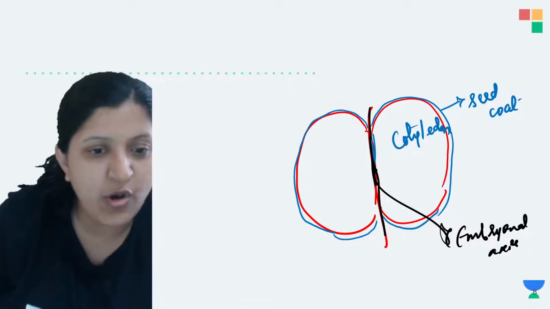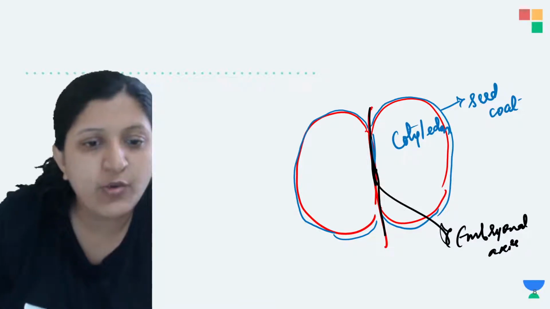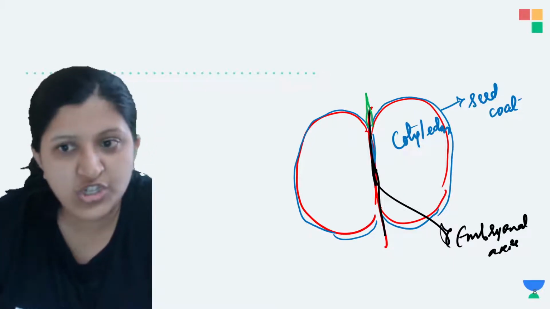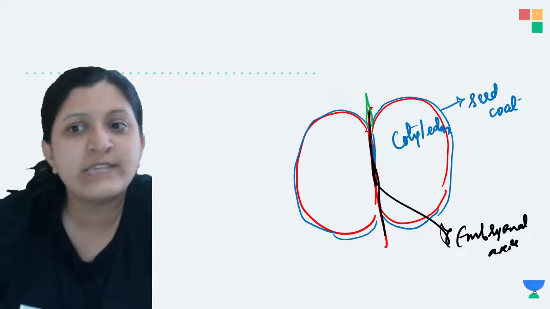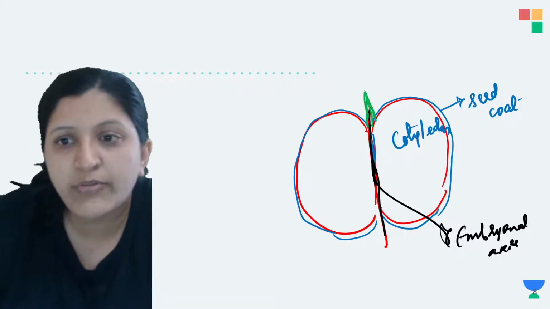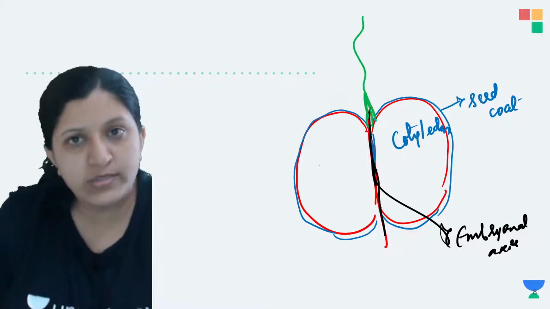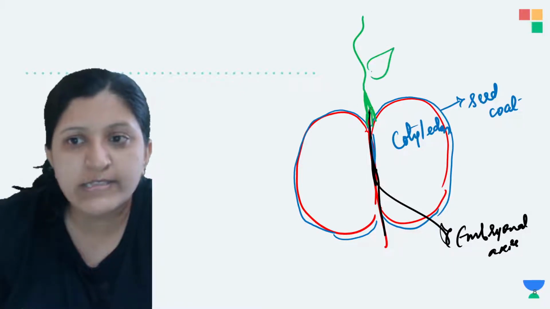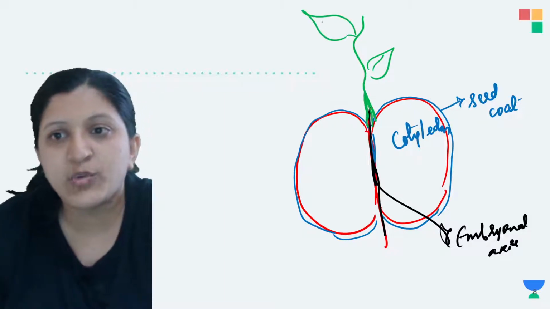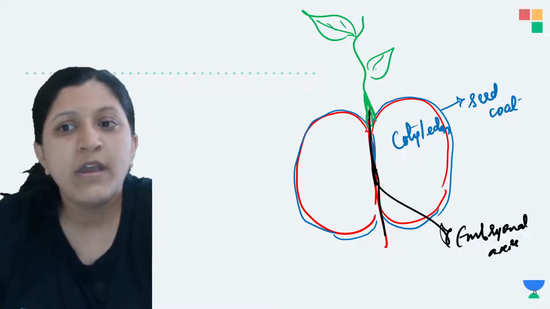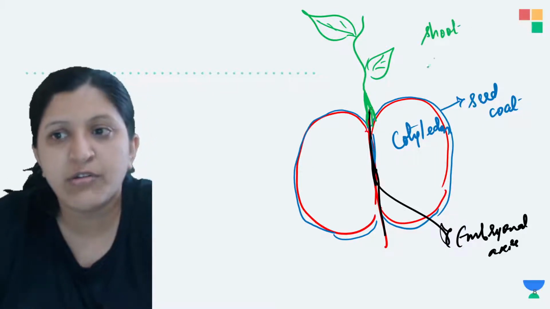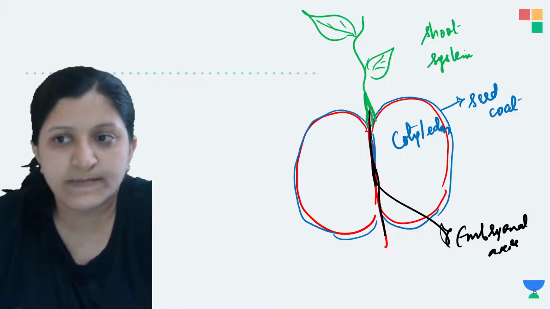Let's say this is a plumule which will go on germinating, dividing, and it will grow to become a shoot system. Later on it will start developing a leaf. So the plumule gives rise to a shoot system.